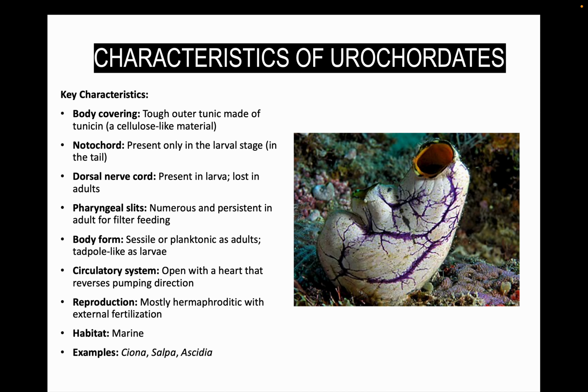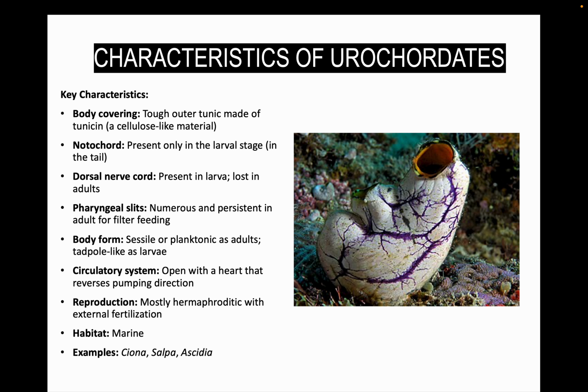Okay. Then we have the Urochordata, the urochordates. Key characteristics of urochordates: there is a body covering made by a cellulose-like material called tunicin. That's the reason why the common name for Urochordata is the tunicates or Tunicata.